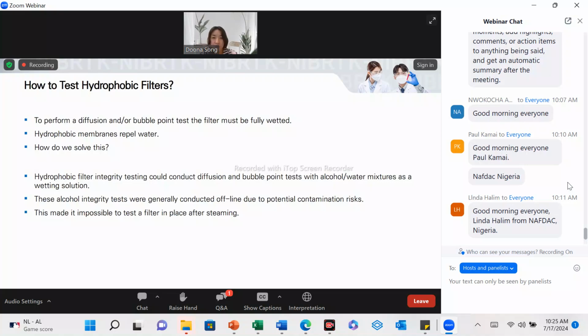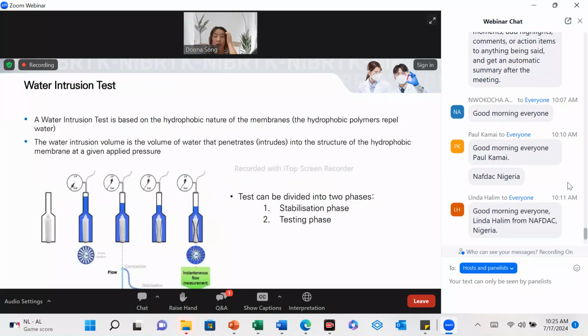So using water for wetting is more suitable than alcohol because of disposable cost and other factors and contamination risk. Therefore, the water intrusion test was developed. The water intrusion test relies on the fact that the membrane is hydrophobic, meaning it repels the water.